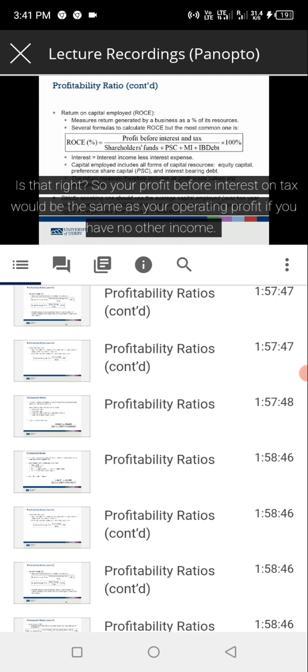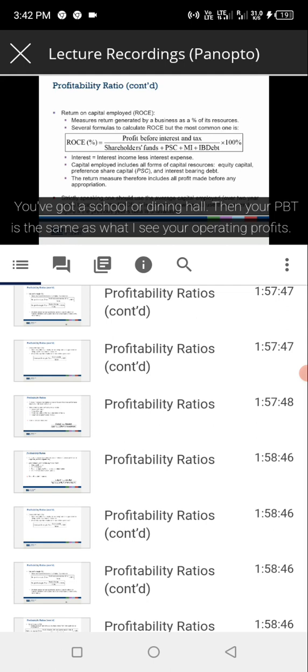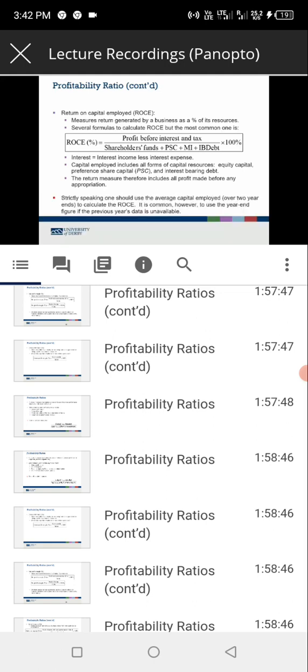Your profit before interest and tax will be the same as your operating profit if you have no other income. If there is no other income, then your PBIT is the same as your operating profit. So that is how we calculate ROCE.